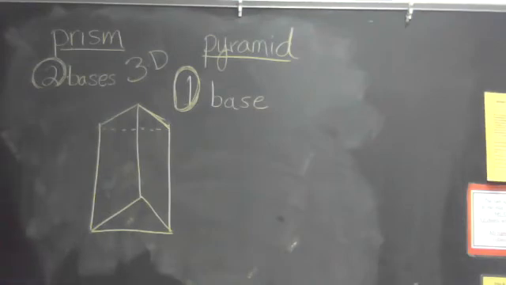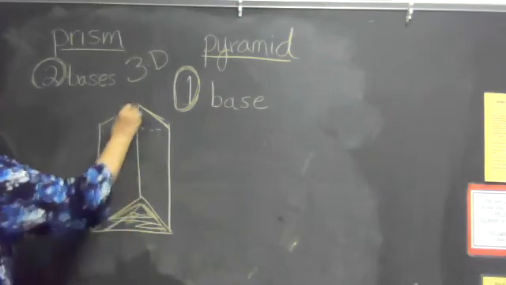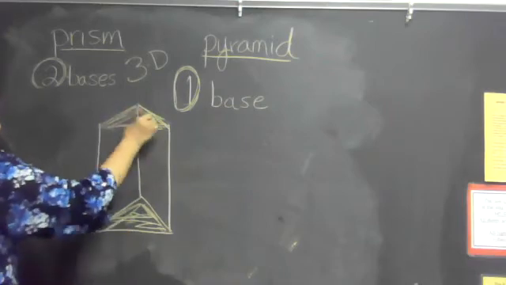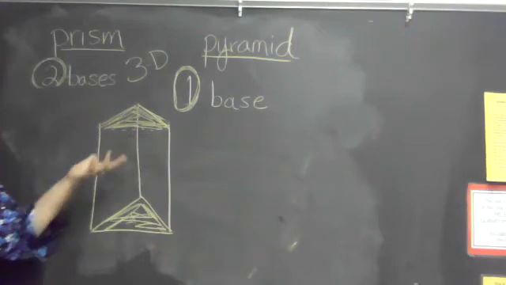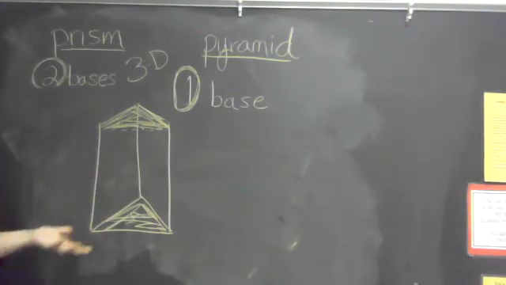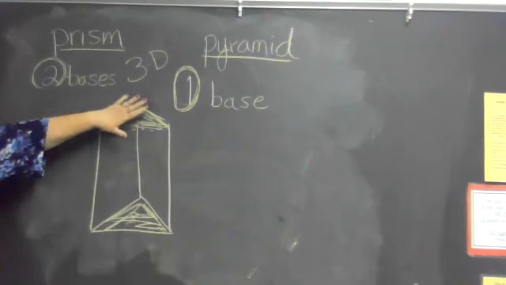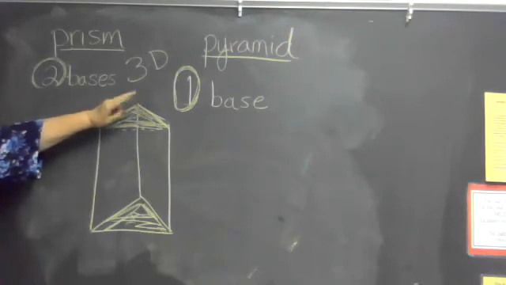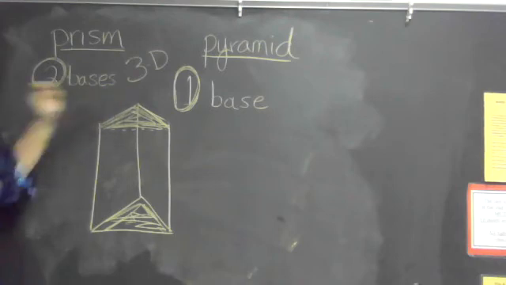Okay, here are the bases. Here's a triangle. Here's a triangle at the top. They should be both the same shape if I was an artist. Same shape, parallel to each other. So this is a prism because it has two parallel bases, right? What kind of prism is this?